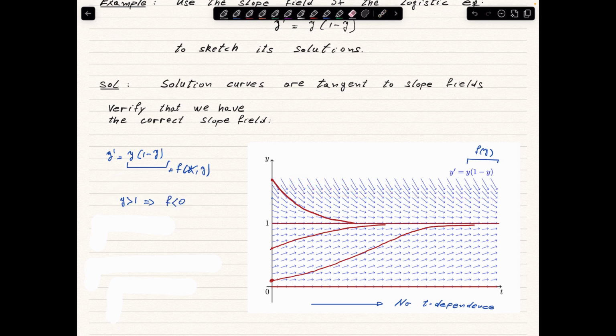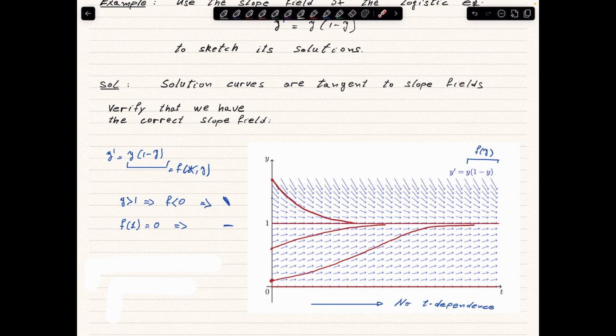Okay, what happens for y bigger than 1? For y bigger than 1, this factor here is negative, this factor is positive, so the product is negative. And this is what we get here. In this region, the slope field is negative. Cool. Here the slope field should be negative, and it is. At y equal 1, we should get horizontal slopes. Let's put it here.